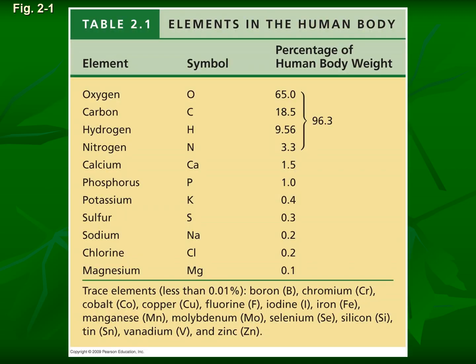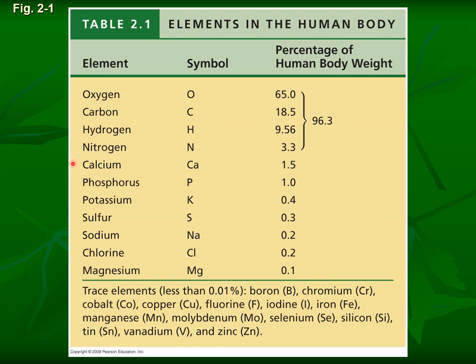So when we are looking at biology, and certainly human biology, some of the major elements involved are what's shown on this chart here. You've got oxygen, carbon, hydrogen, and nitrogen. Those are the four most common elements found in the human body.